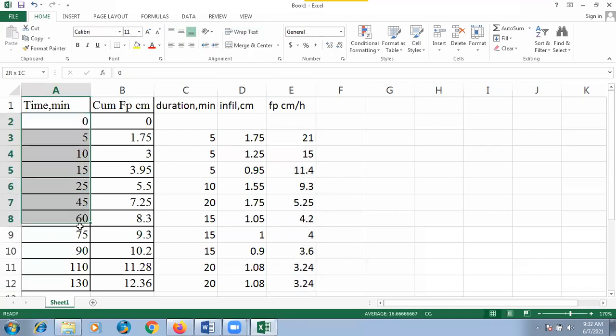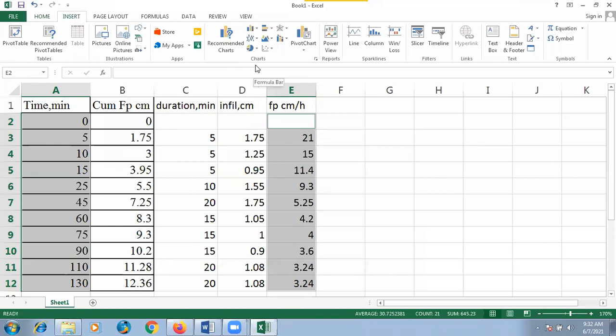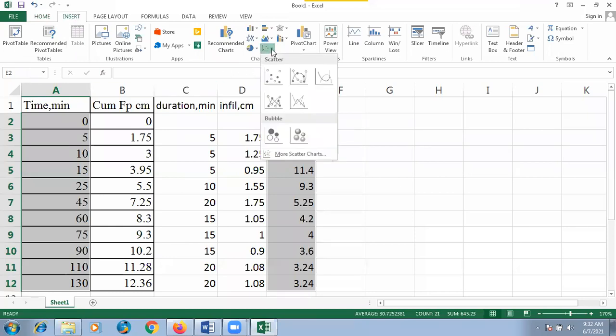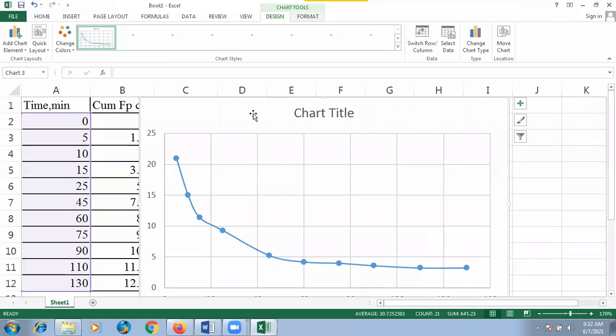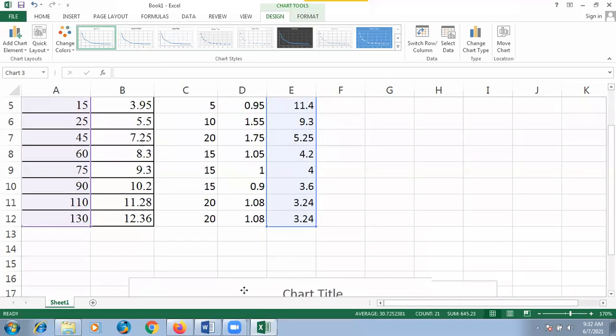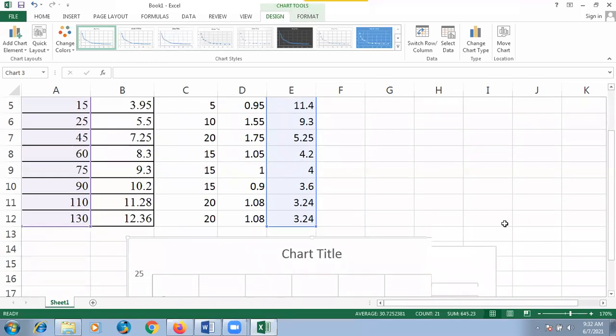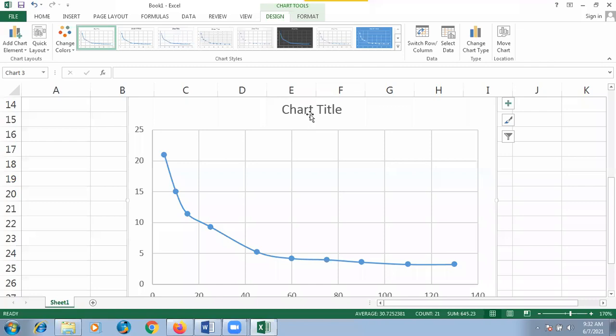You just have a look. Insert. The graph has come. Look into this.